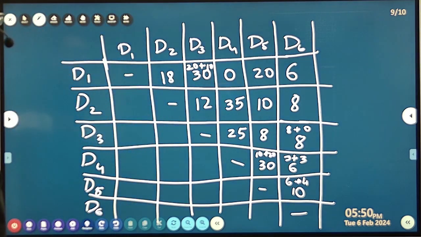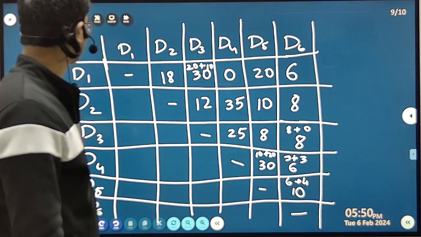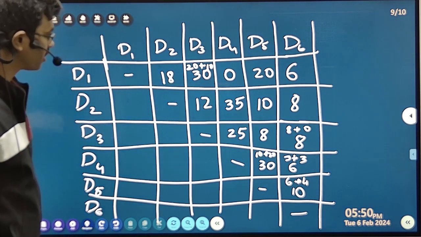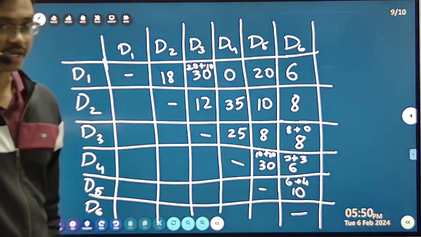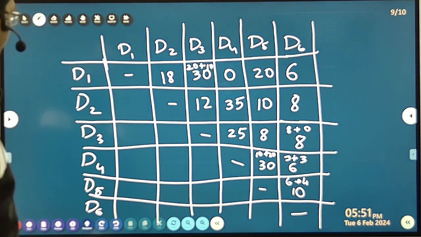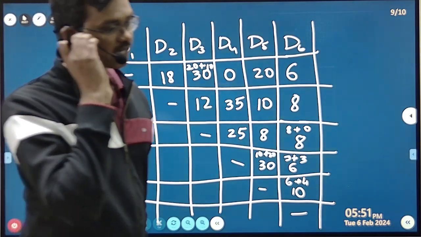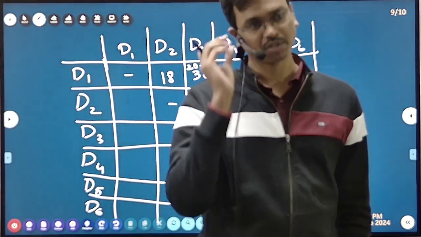Now here we know the initial setup, but we will try to determine what is the most optimum setup, right? So we can take a look and examine what is the highest frequency, and which two departments, if we club them, will have the minimum distance.